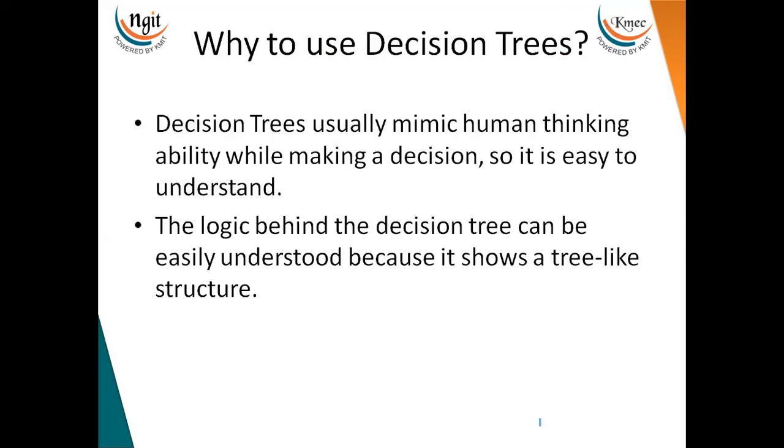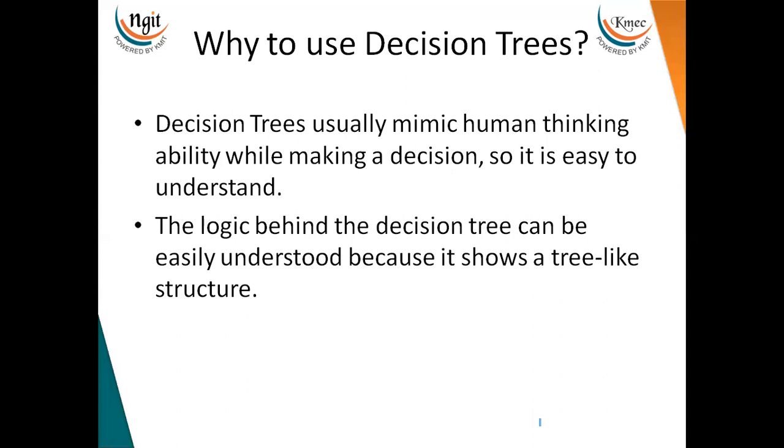Now, why should I use a decision tree? Our human brain takes decisions by constructing such trees only. So a decision tree replicates the human thinking ability, how a particular human being takes a decision.